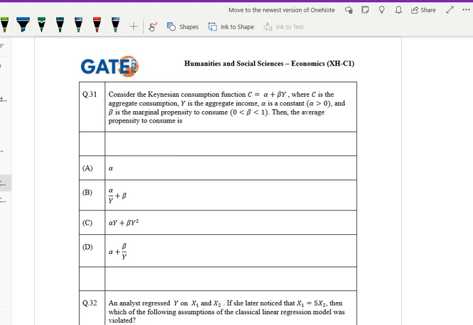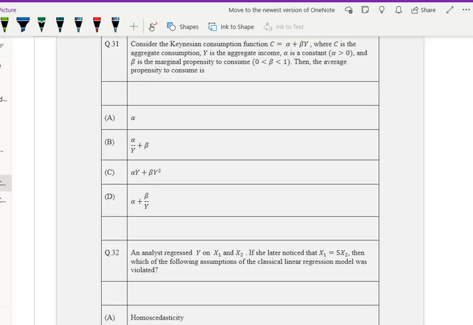That we have to find out. Here the answer will be B, alpha y by beta. So that is the answer. Alpha y by beta. Okay.